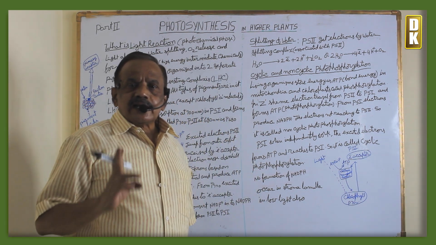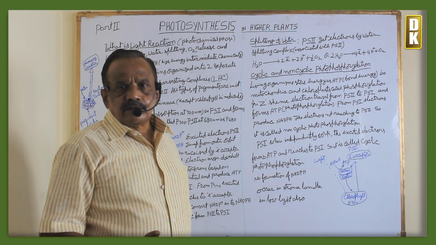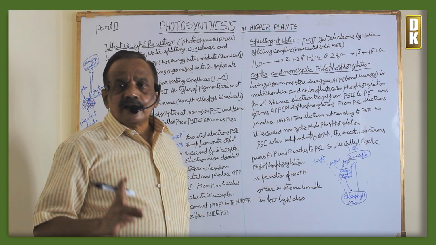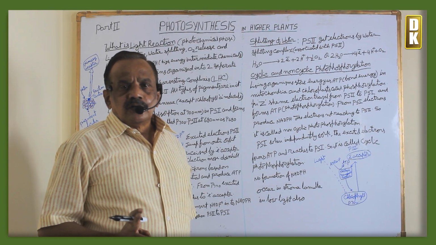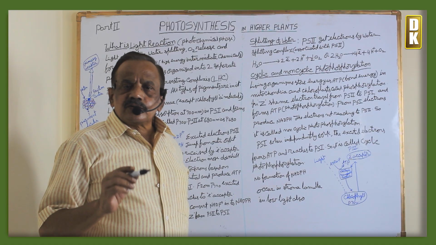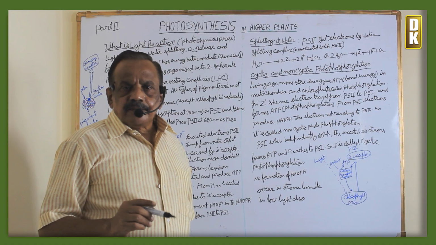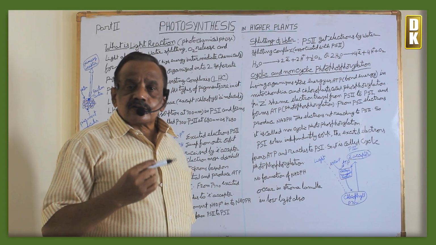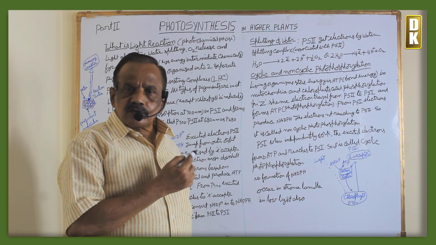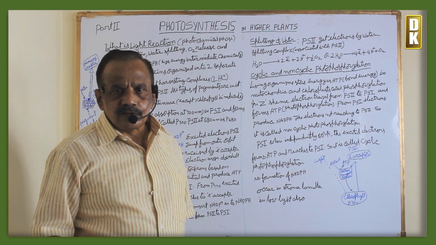Photosystem 2 always requires photosystem 1, but photosystem 1 can work independently. Photosystem 2 will be used for the non-cyclic, but photosystem 1 is also functional with photosystem 2. Independently also it will work.